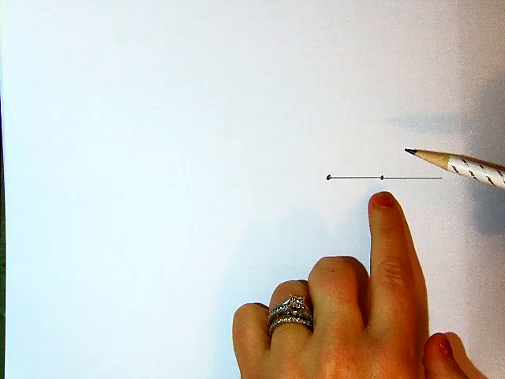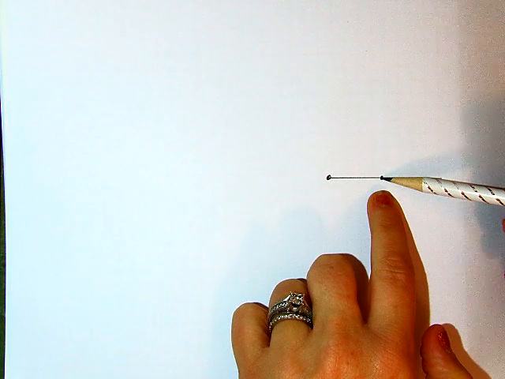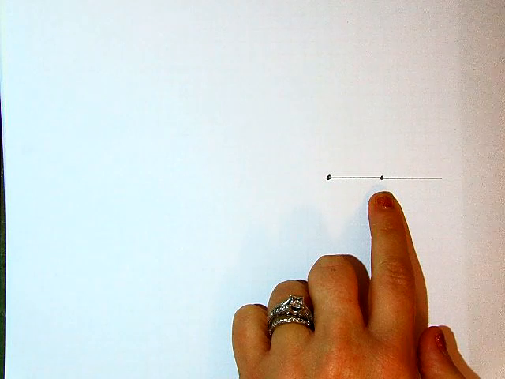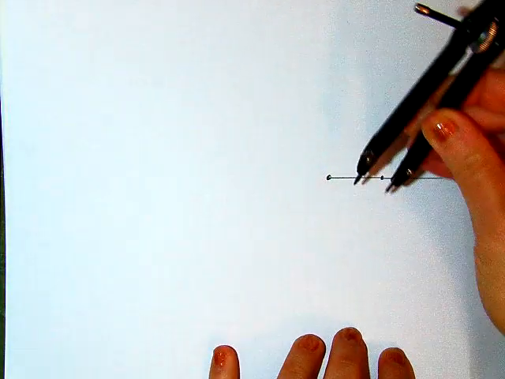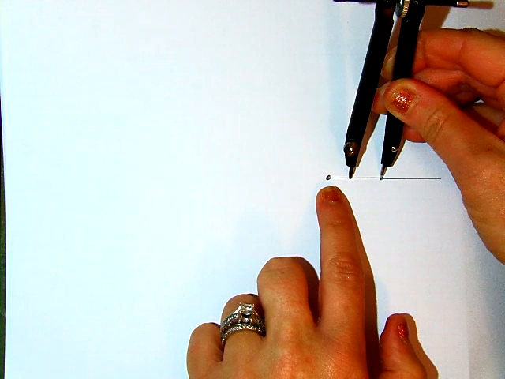So now what I need to do is create the perpendicular pathway that slices through this point. So I need to create a right angle. So to do that, I'm going to keep my compass fairly narrow, at a fairly small setting. Here I need it to be a little bit less than an inch.